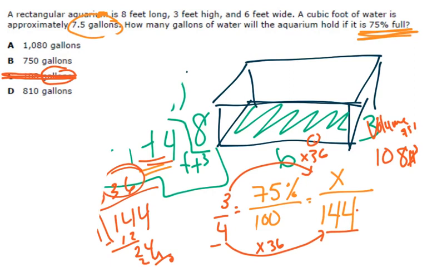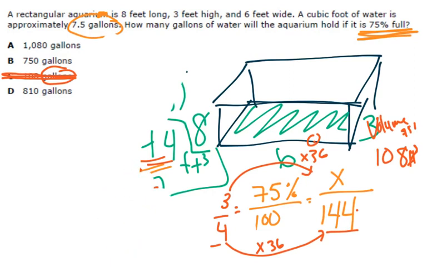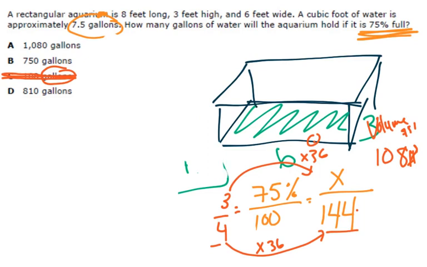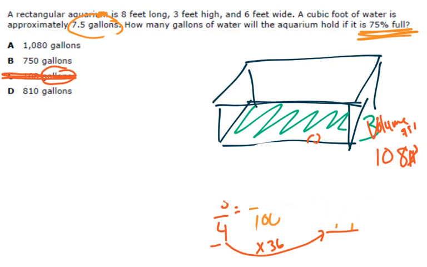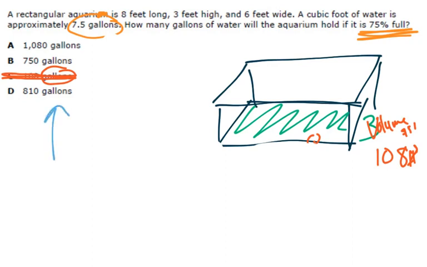So, these are really long problems, and it's super helpful to pause after every step and figure out what your units are, because a lot of the time your units will tell you, are you done? Is this your answer? Or like here, I was like, oh, my volume at 75% is 108 feet cubed. Then you go over and look at your answer choices and realize those are not in feet cubed. So something clearly either went wrong or still needs to happen.